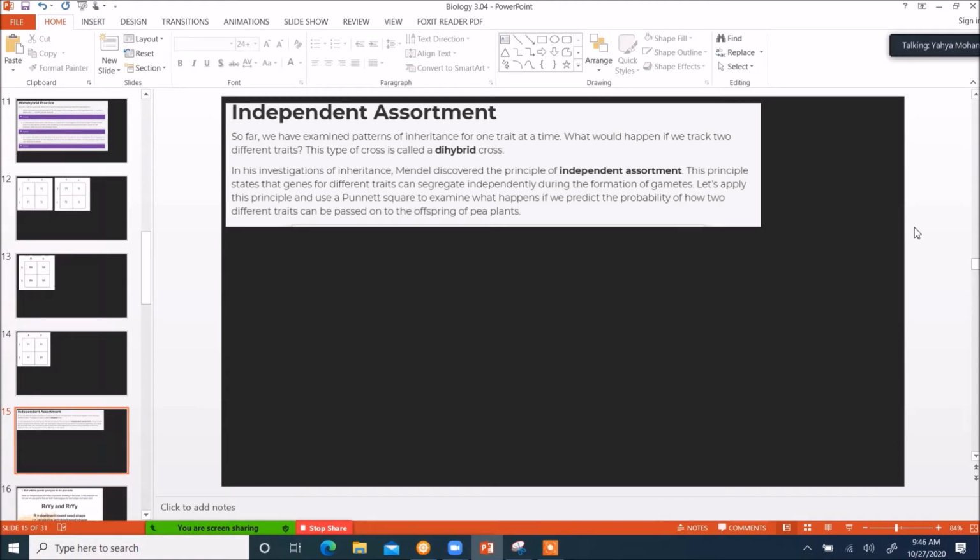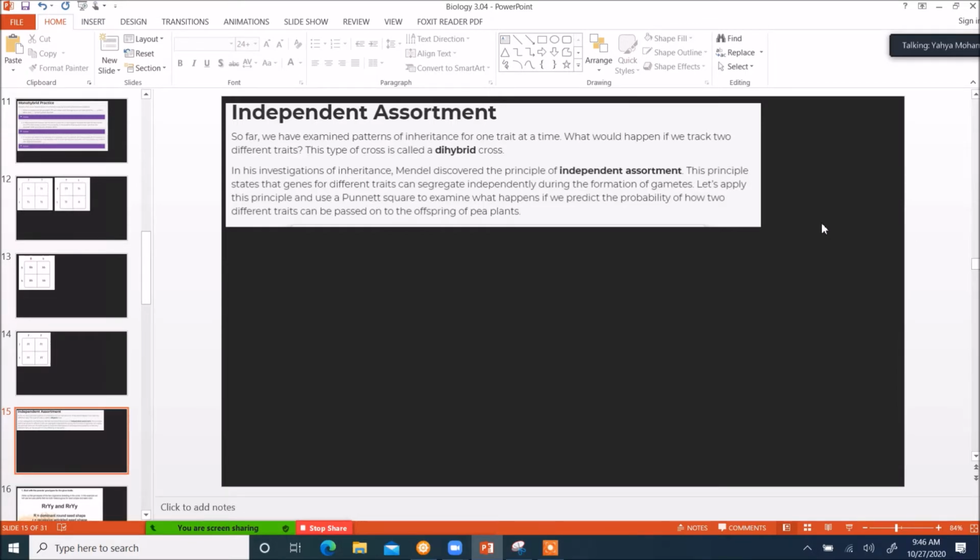Now obviously in a whole genome, there are tons and tons of different traits. In a plant, there's the color, the height, the number of peas in the pod, all kinds of different random things.